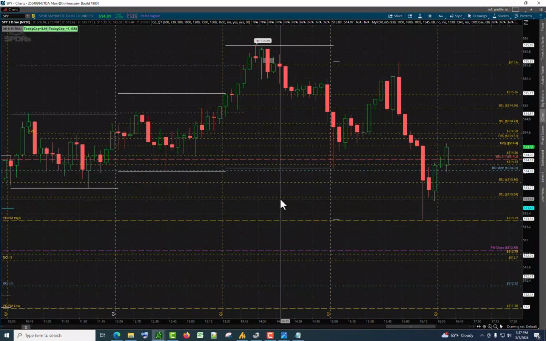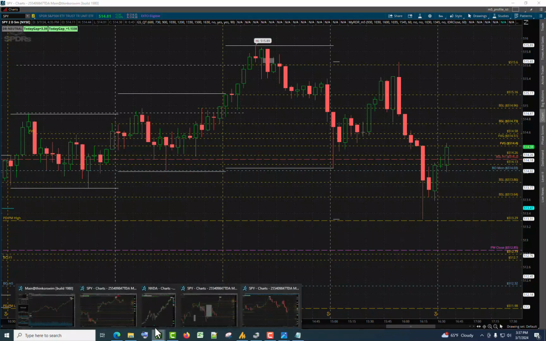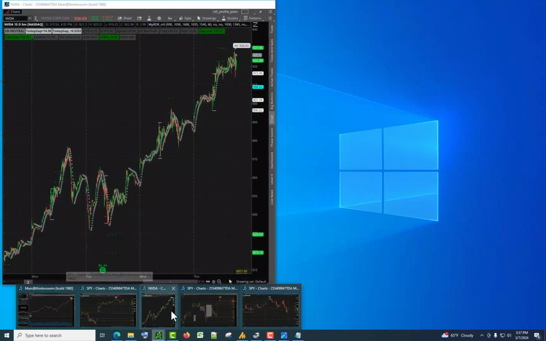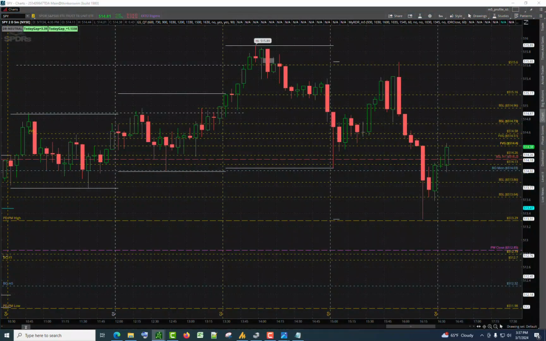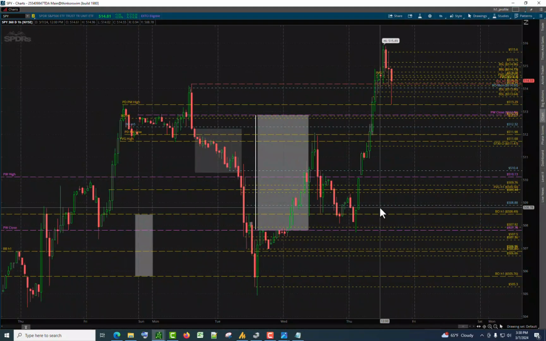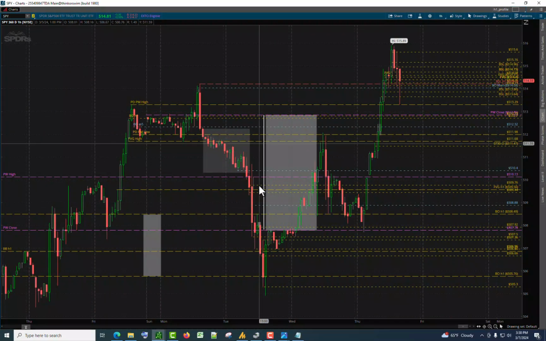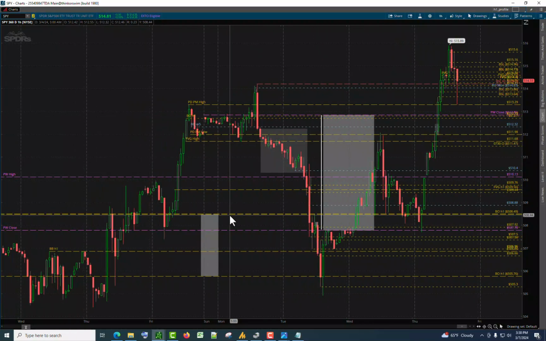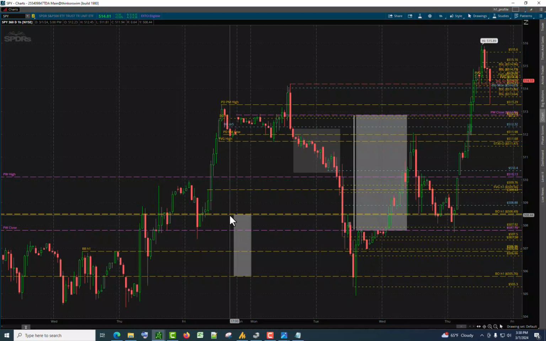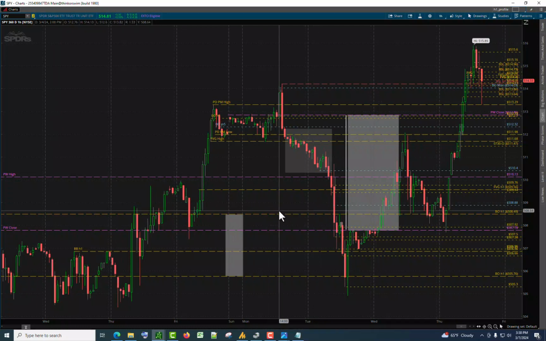Alright, I think we reached our 30-minute mark for an update review. Let's look at the 1 hour time frame before we wrap up here. So right here we see the range, for the last 5-6 trading days.